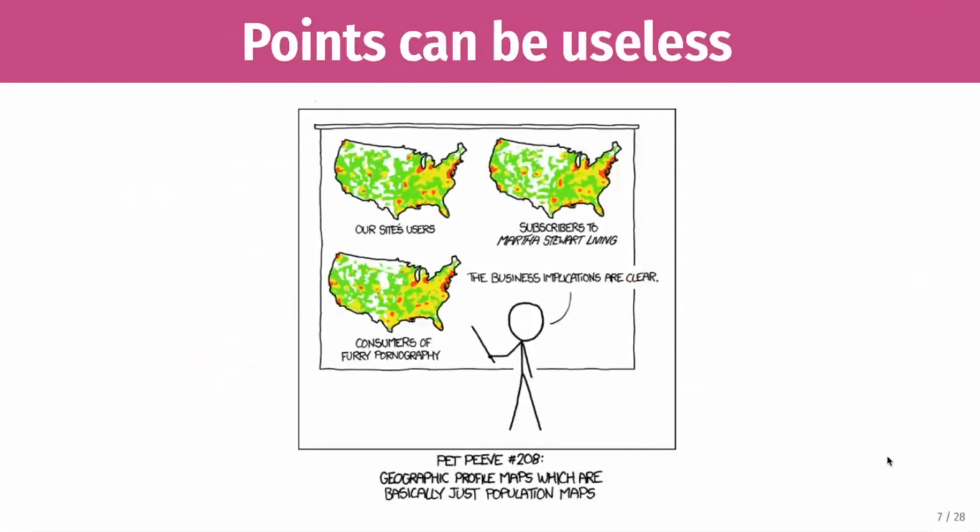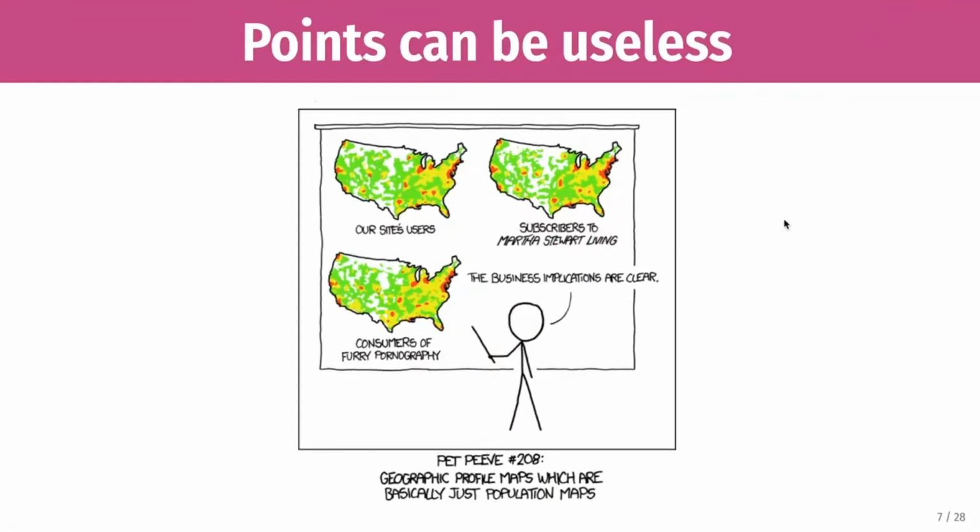For instance, this comic here, you'll see this all the time. This is also related to the crime rate map: basically anytime you try to show any sort of national trends, like this panel here says our website's users, subscribers to Martha Stewart Living, they're the same map. And this map down here, they're all basically the same. It's because most of these maps that show the density of things getting used are just population maps.